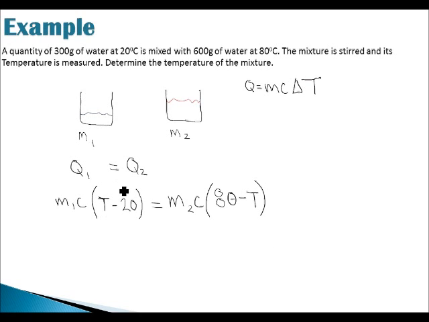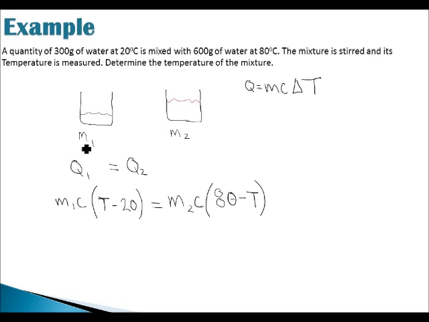Final temperature minus 20 gives a positive value, and 80 minus the final temperature is also positive. So the heat gained by mass 1 is equal to the heat lost by mass 2. That's why the two are equal.